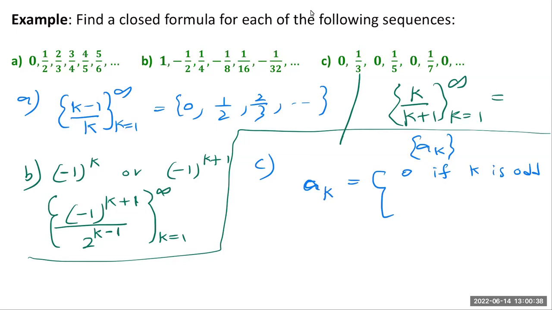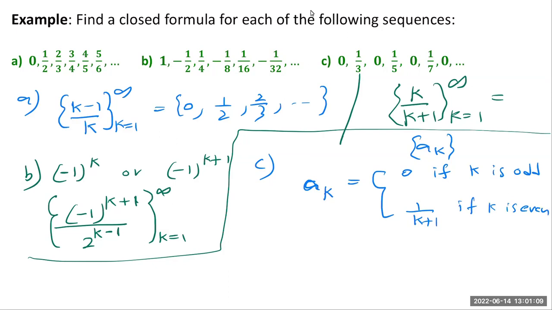When k is even, notice that the second term is 1/3, fourth term is 1/5, sixth term is 1/7, so on and so forth. As you can see, you have an odd number in the bottom when k is even. So to get that odd number, I'm going to put 1 over k plus 1. Whenever k is even, if you add a 1 to that, that will make it an odd number, right? So this is if k is even.